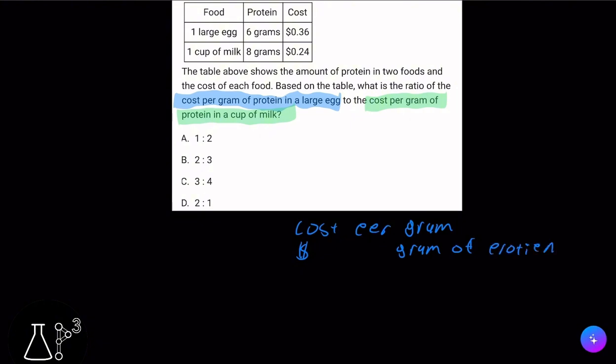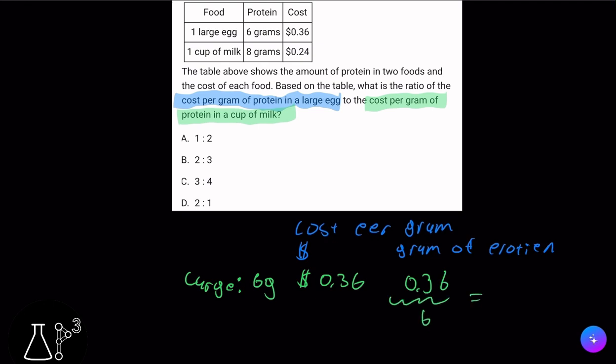I'll make it in green. I'm given that there are 6 grams of protein, so 6 g, and the cost is 0.36. We want it in cost per gram, so I take 0.36 and divide it by 6.